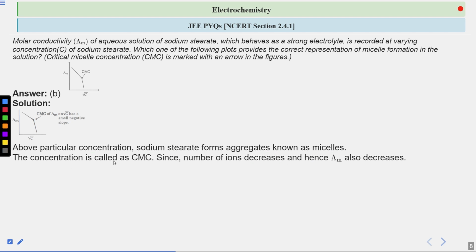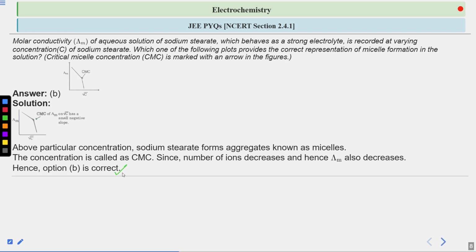That particular concentration is called the CMC, critical micelle concentration. Since the number of ions decreases, the molar conductivity will also decrease, because they start to aggregate. So the number of ions decreases, and the molar conductivity also decreases after this CMC. That's why we have this decreasing graph.